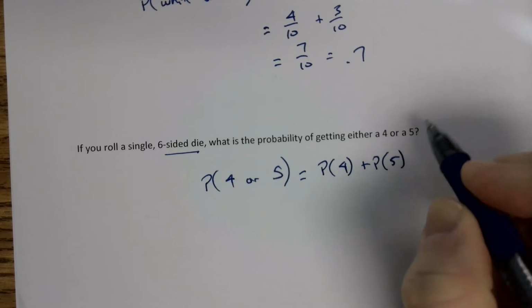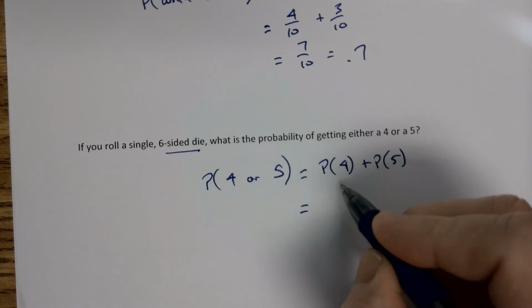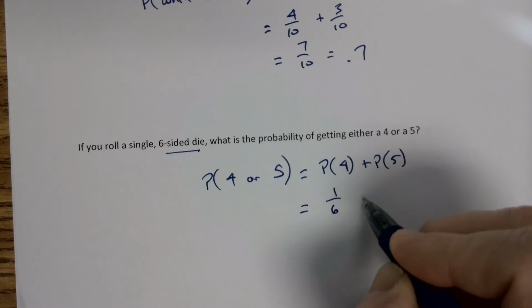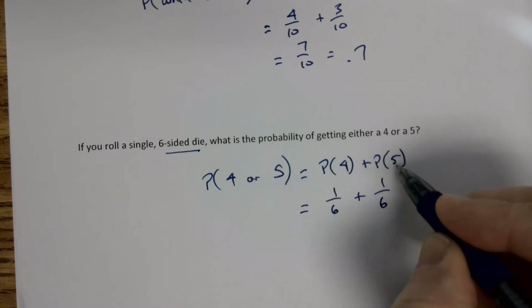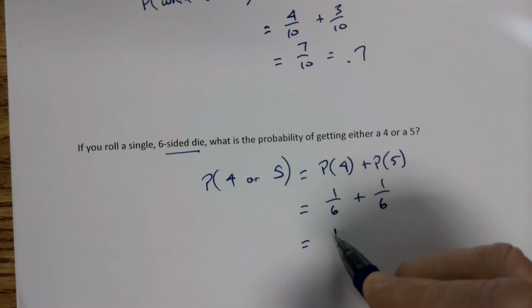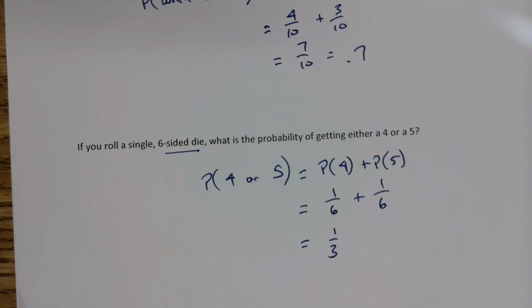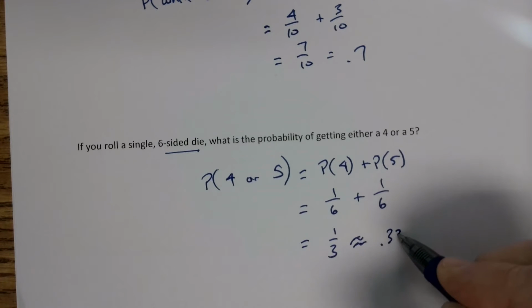These are mutually exclusive because you cannot roll both a 4 and a 5 in one roll. So 1/6, 1 out of every 6 times I'm going to roll a 4. 1 out of every 6 times I'm going to roll a 5. Put that together, 1/3, which is approximately 0.3333.